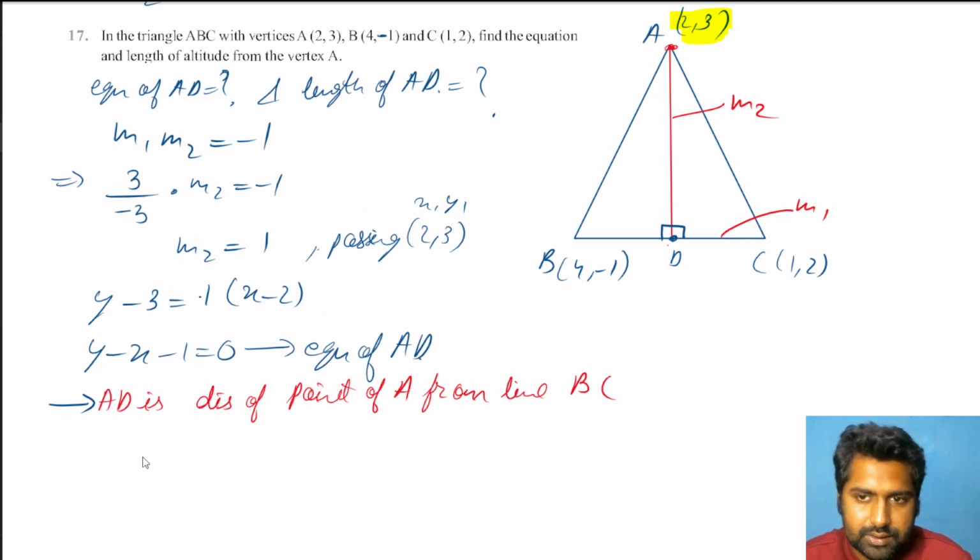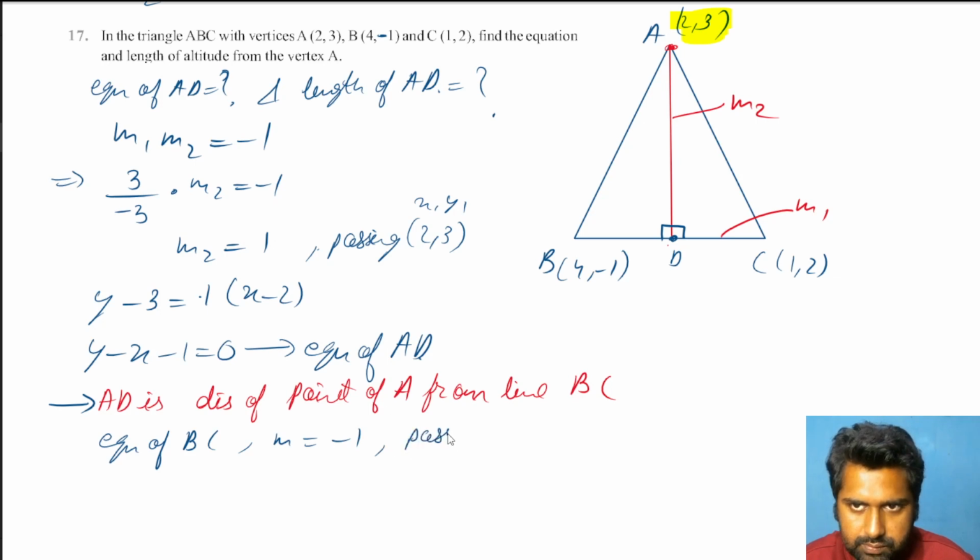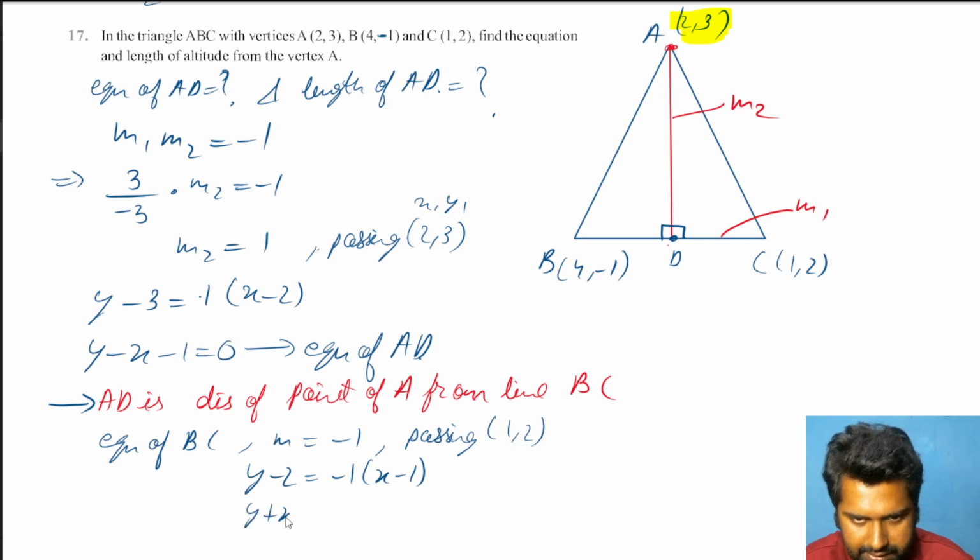Okay, so equation of BC, slope we already know, we calculated, m is minus 1, passing point we know, take any one, 1 comma 2, so y minus 2 is equal to minus 1 times x minus 1, so x plus y minus 3 equal to 0. Okay, that's the equation of this line.